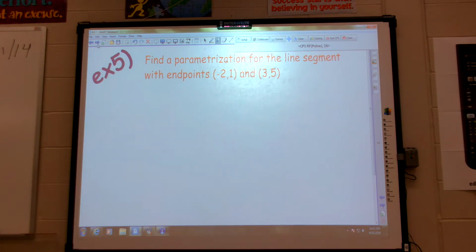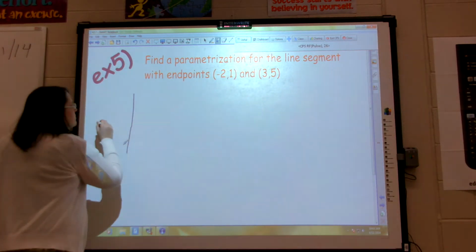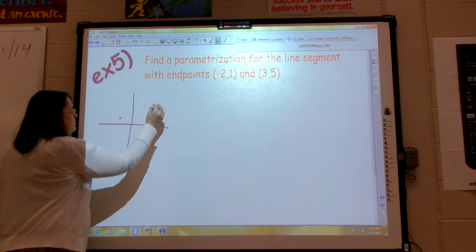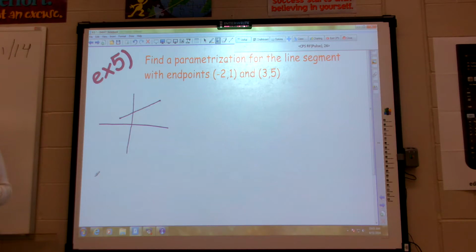Yeah, it's going to be weird at first, but once we do one, they're all the same. So here's what's going on. I have a line segment. Doesn't go on forever, it's just a line segment, correct?